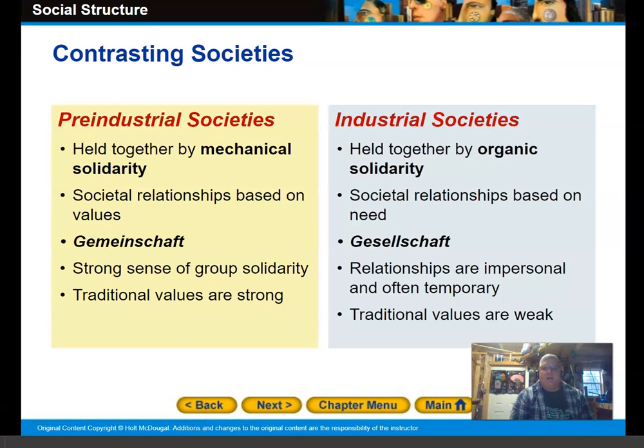Industrial societies are held together by organic solidarity. Societal relationships are based on the needs of Gesellschaft, which is the needs of society, where Gemeinschaft is the needs of the community. Relationships are impersonal and often temporary. Their traditional values are weak.